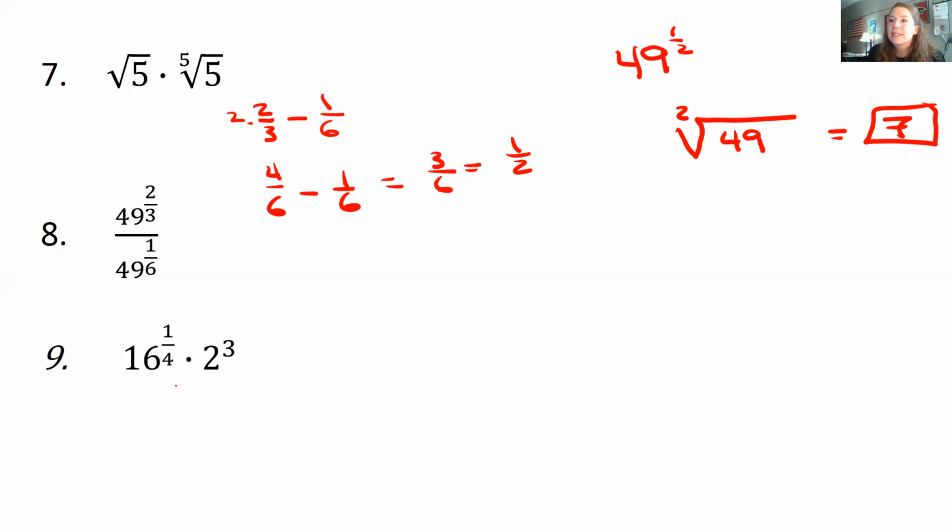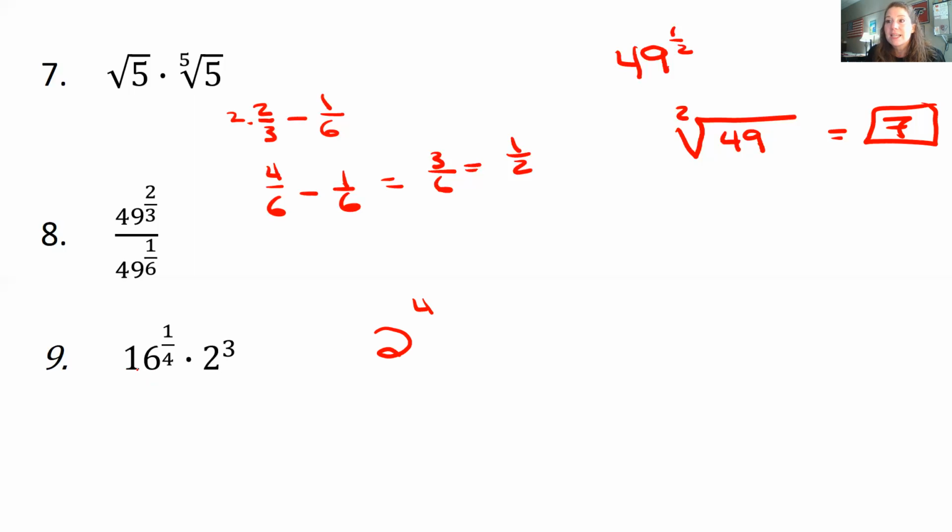Now the way these are written, these do not have the same base. So you can't multiply this unless you make them the same base. Well, we can't make 2 a 16, but we can make 16 a power of 2. 2 to what power? So I know that 2 to the 3rd power is 8. So isn't 16 2 to the 4th power? 2 times 2 times 2 times 2 is 16.